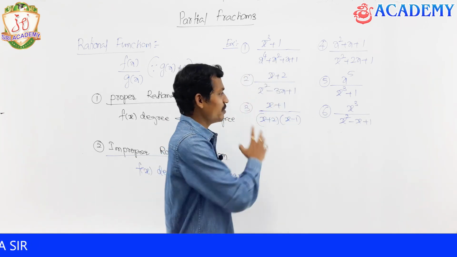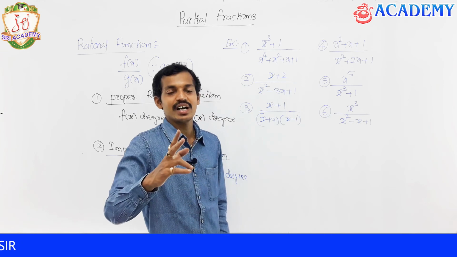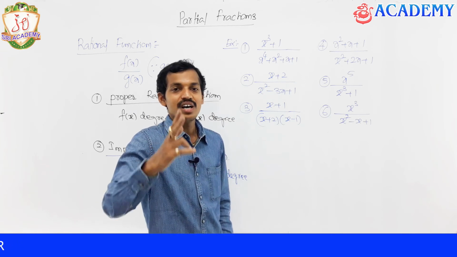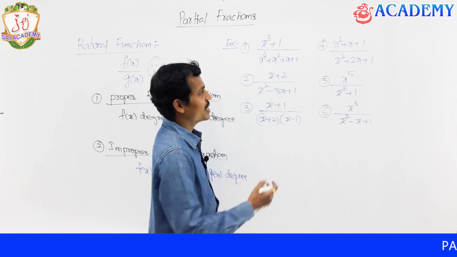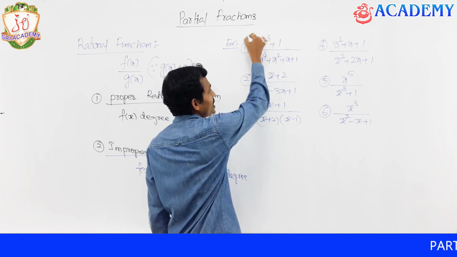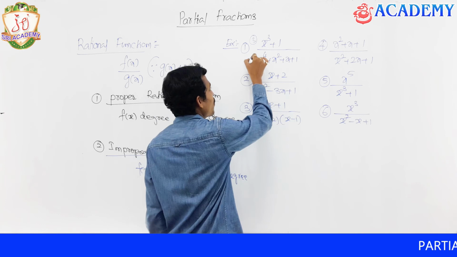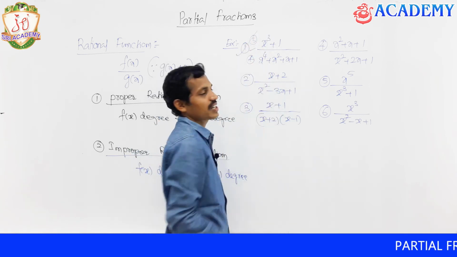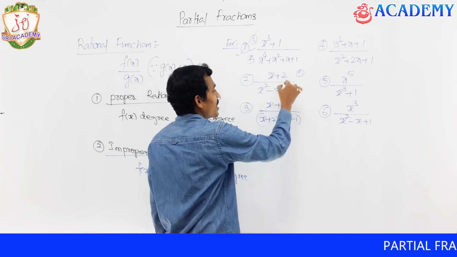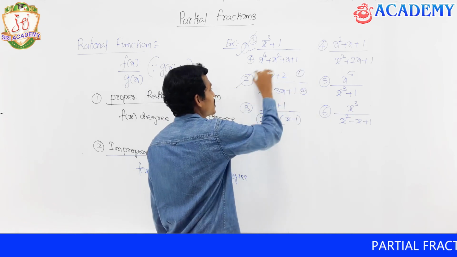In these examples, we will identify proper and improper rational functions. In the first example the numerator degree is 3 and the denominator degree is 4. Since 3 is less than 4, this is a proper rational function. Here the degrees are 1 and 2, and 1 is less than 2, so it is proper.